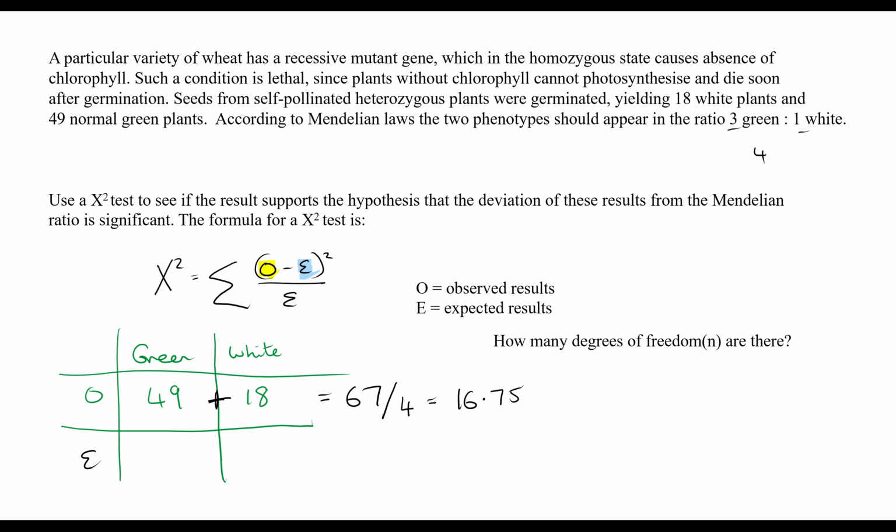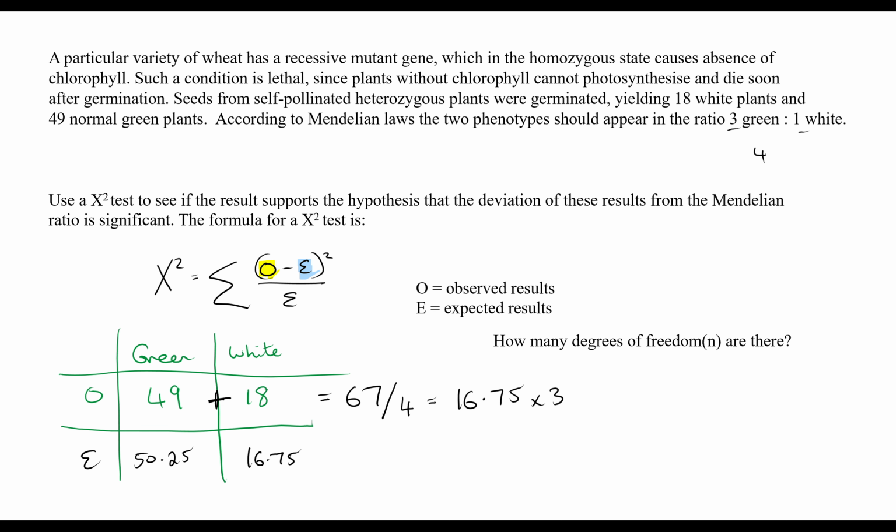So our expected value for white, which was a 1, is 16.75. And then we do 16.75 times 3, and that will give us our expected value for the green plants, which is 50.25. So now we have our expected values. We know what we observed because it was given to us in the question.